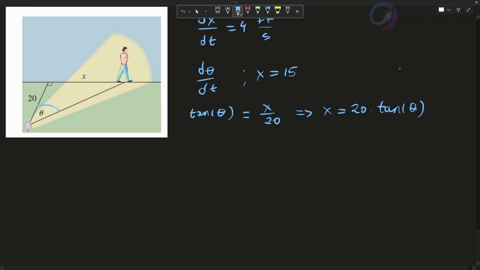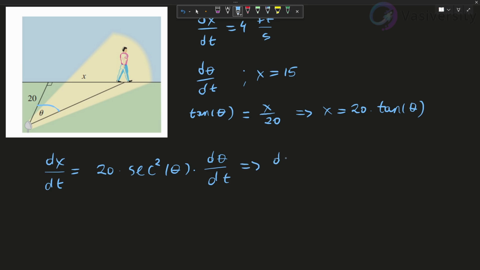Okay, so let's go ahead and take a derivative of it. So dx over dt is equal to 20 times secant squared theta times d theta dt, right? Let's remember the derivative of tangent theta. So, all right, if we solve for d theta over dt, it will be equal to 1 over 20 times cosine square theta times dx over dt.